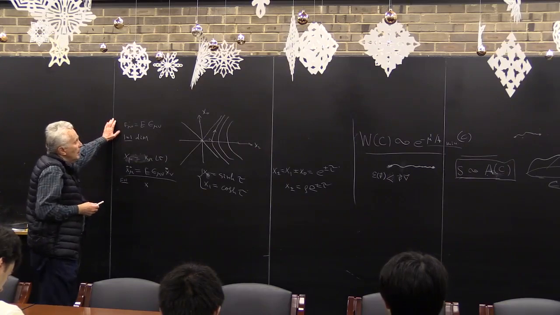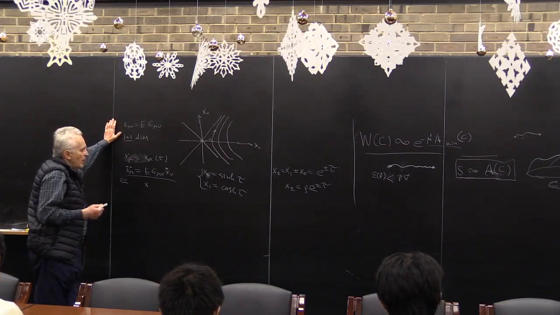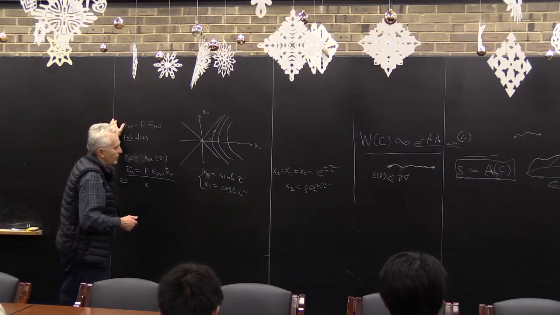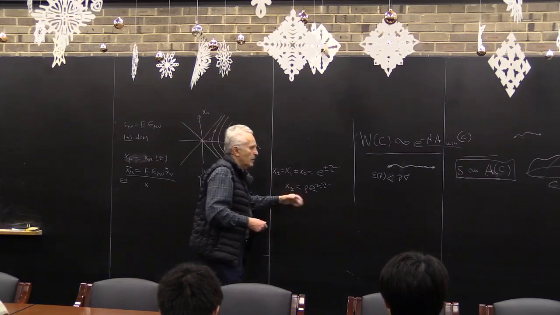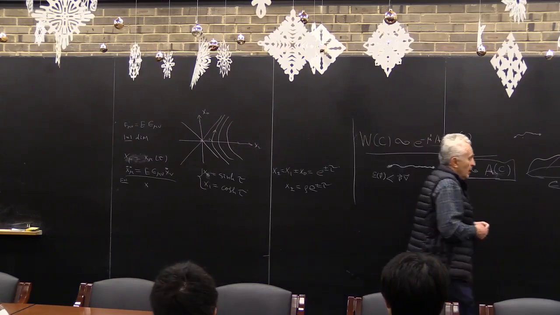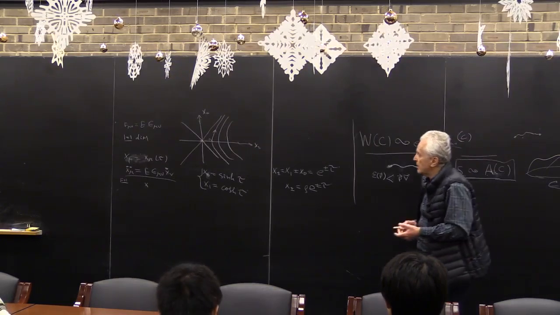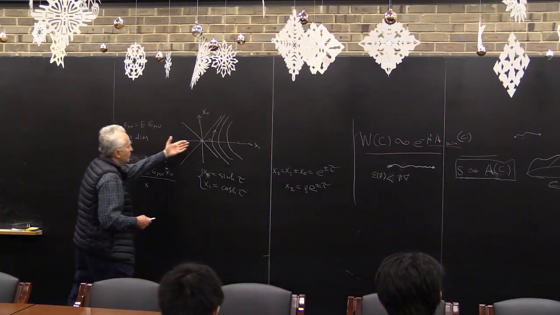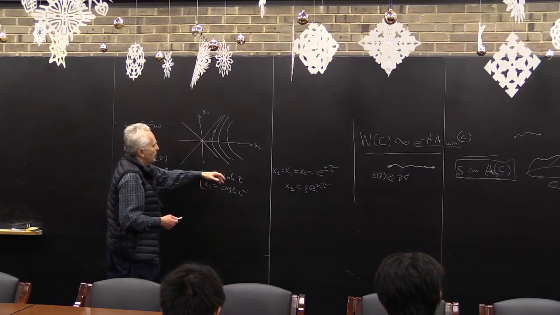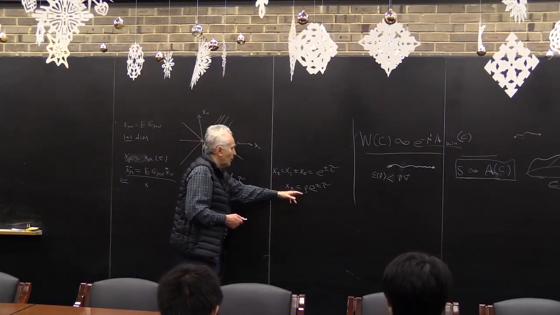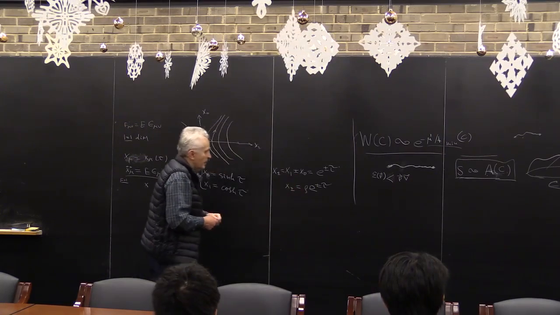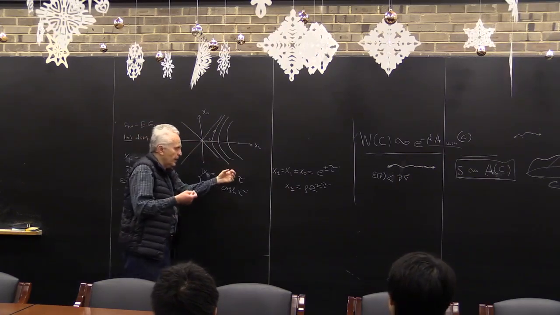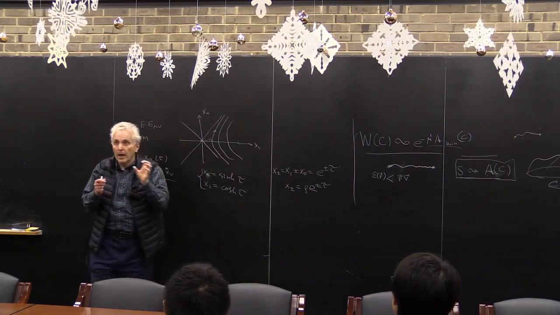Now we have to define the accelerated frame. Each rho corresponds to an accelerated observer, and the accelerated frame is when you take rho as one of the coordinates. So tau is in this accelerated frame.